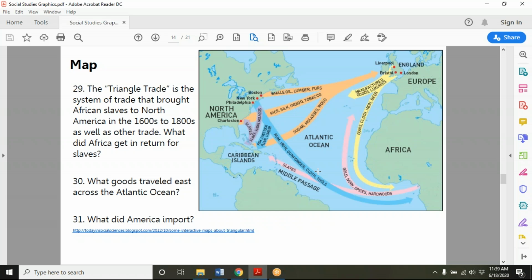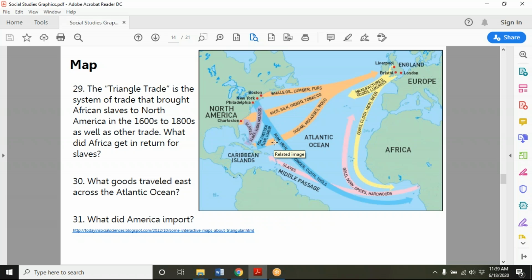Yeah. Okay, that's traveling east, from the west to the east. So that's traveling east to Africa. And then the orange is traveling from North America east to Europe. North America is exporting whale oil, lumber, furs, rice, silk, indigo, tobacco, sugar, molasses, wood. That's coming from the Caribbean islands.